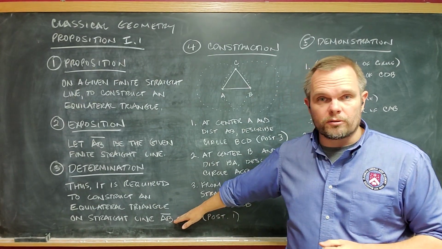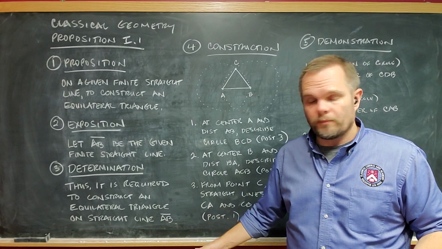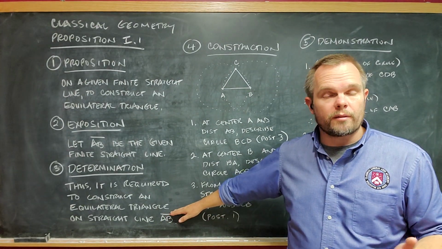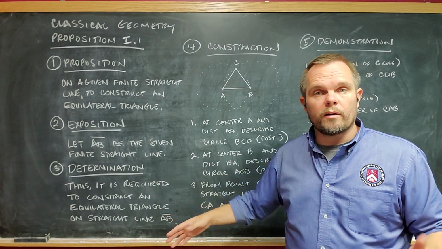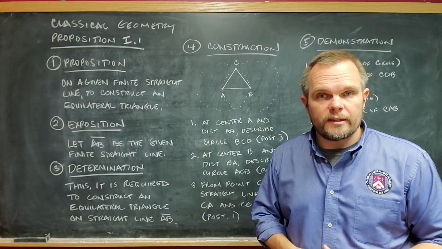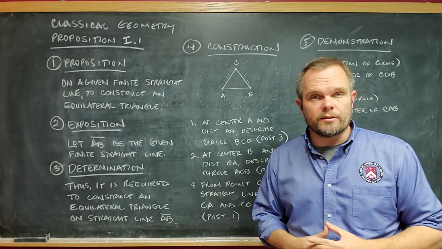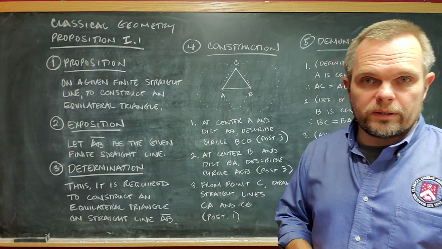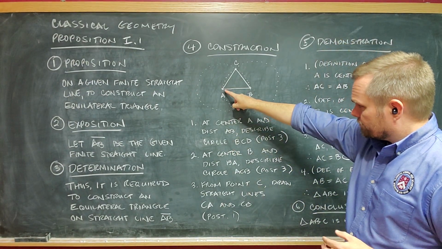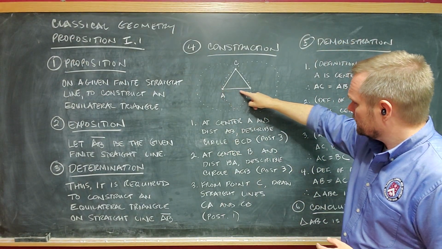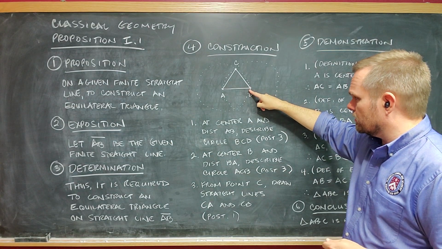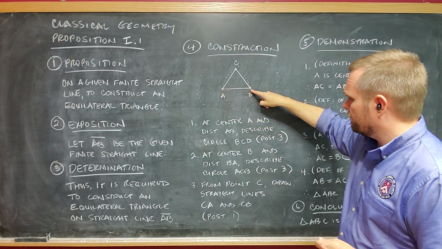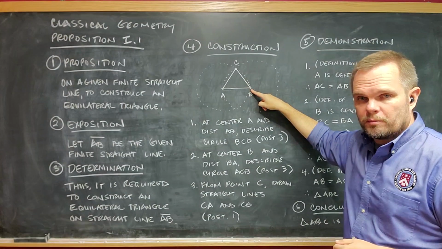For an equilateral triangle, it's quite simple. It's simply a triangle, a three-sided figure, where each of the three sides is equal, or all three sides are equal to one another. So we need to construct an equilateral triangle on the given finite straight line AB.